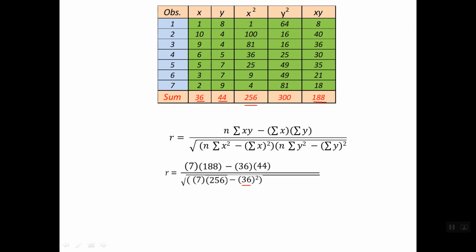All of this is multiplied by n times summation of y squared minus summation of y all squared.